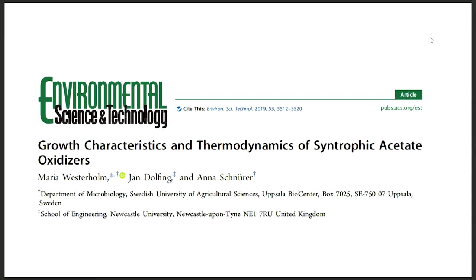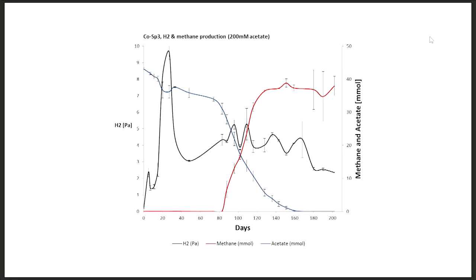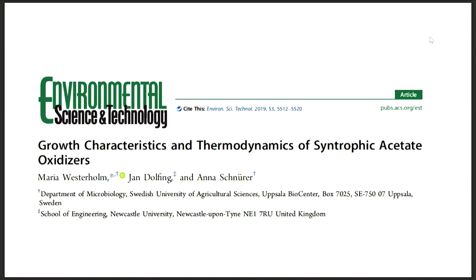Okay, another example. My example was on syntrophic acetate oxidizers. I gave you the theory already, and I cooperate with Maria and Anna Schnürer in Sweden, and they are very good at isolating co-cultures of acetate oxidizers.